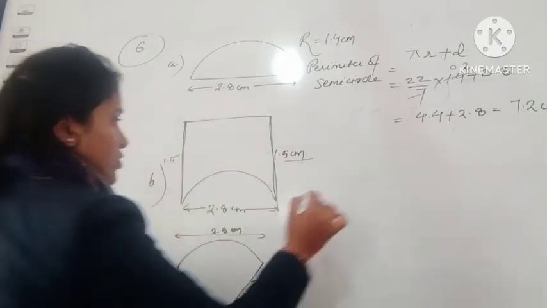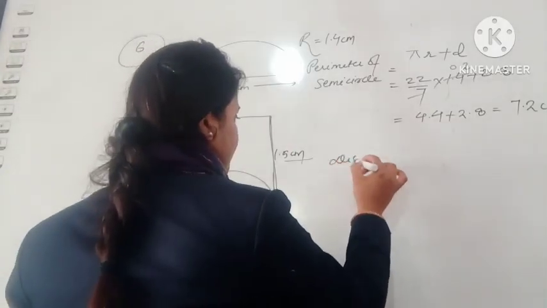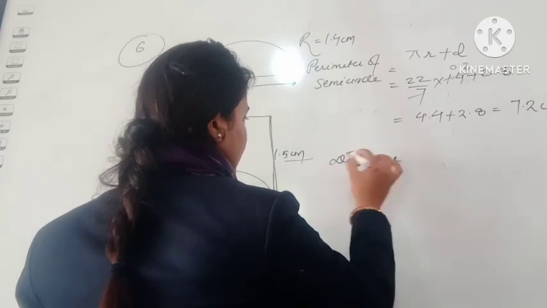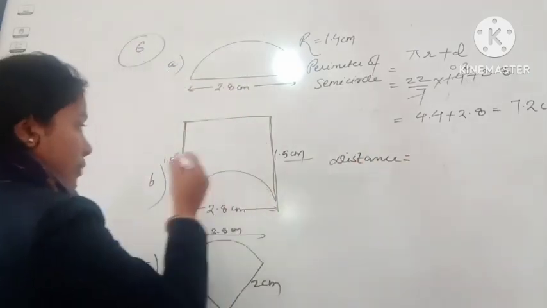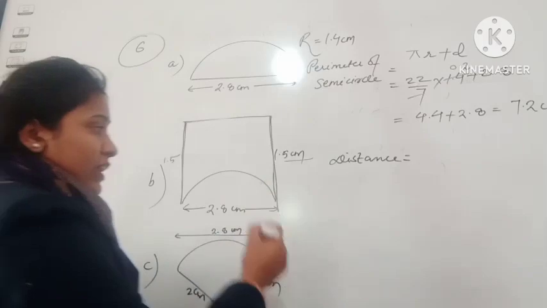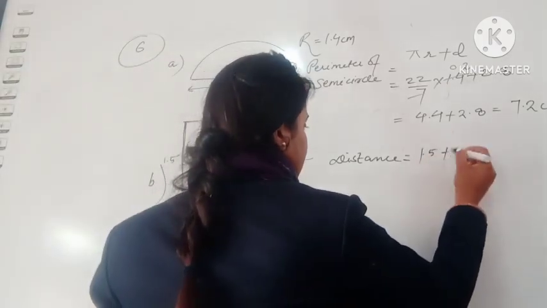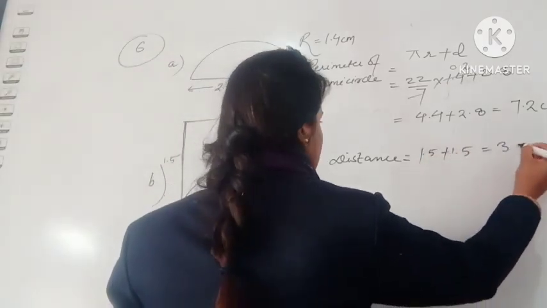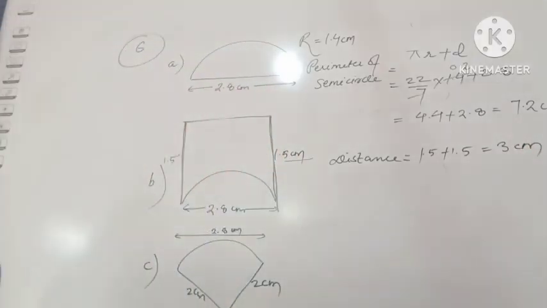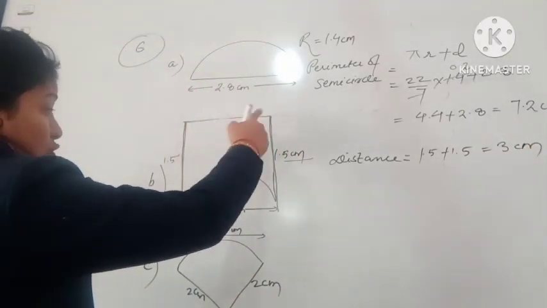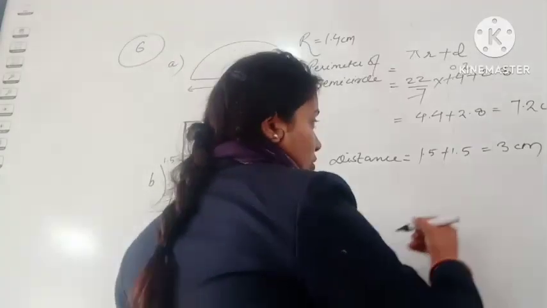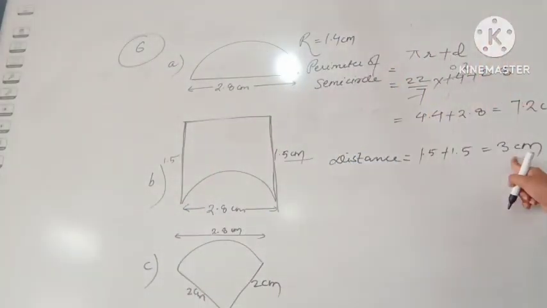That will be 1.5 plus 1.5, these two lines, which gives you 3 centimeter. Along with these two, we can also add 2.8 centimeter. This will give you 5.8 centimeter.